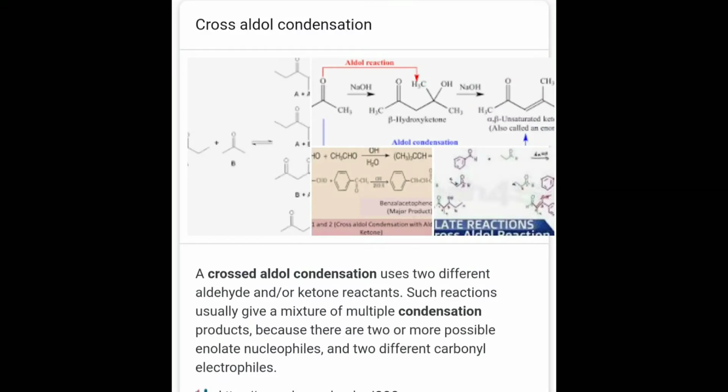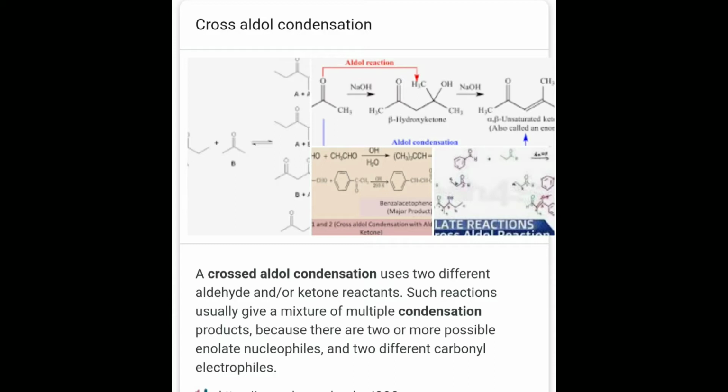The next reaction is the cross aldol condensation reaction. The cross aldol condensation refers to the aldol condensation that takes place between two different aldehydes or ketones. If both aldehydes or ketones contain 2 alpha hydrogen atoms each, then a mixture of 4 products is formed.